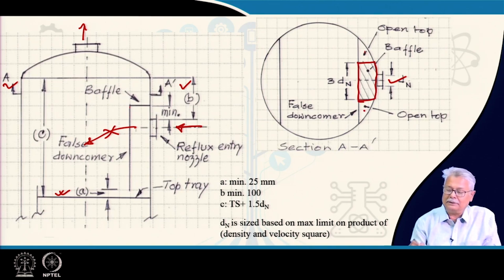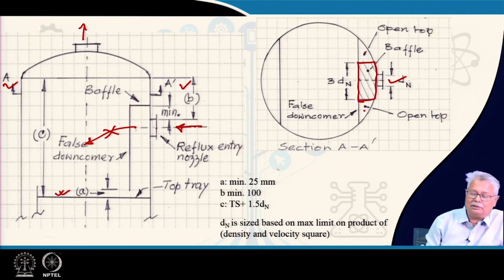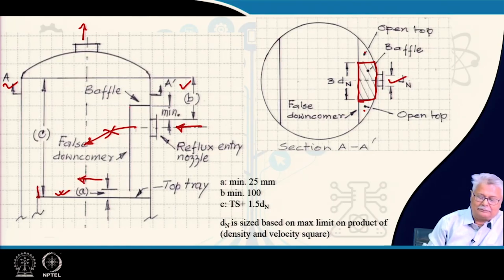This is the open area. So, if you have any vapor coming in along with your liquid in the reflux, that vapor will be coming out and going up this way. The liquid falling here at the bottom on the tray will naturally have a cross flow. So, you have an outlet where the liquid moves in this direction.